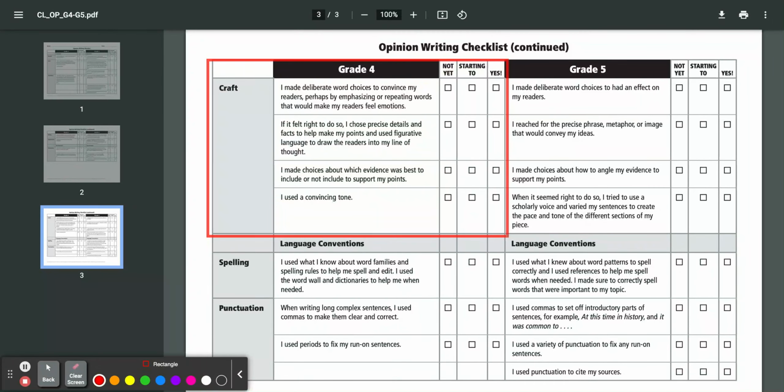So thinking about strong word choices that makes your reader feel emotions. Did you choose good details and facts that help support your points to draw the readers in? Did you make choices about which evidence to include that is best supporting your claim? Did you use a convincing tone?